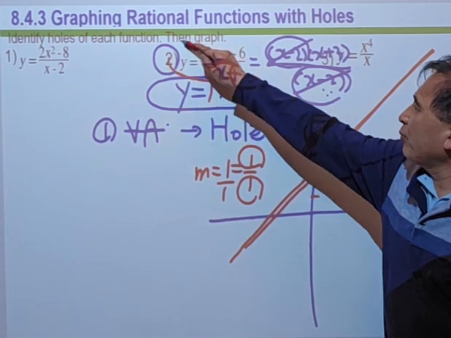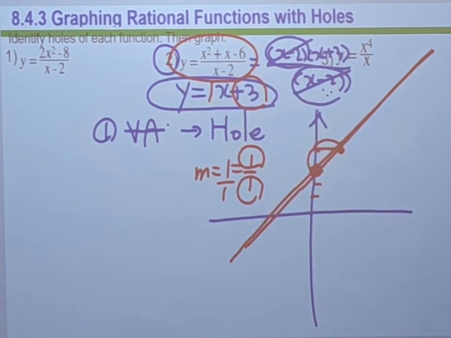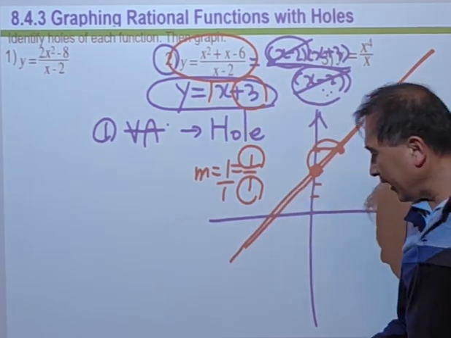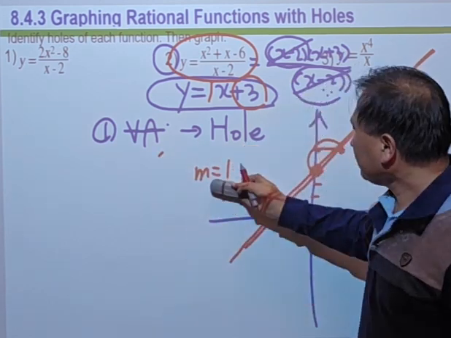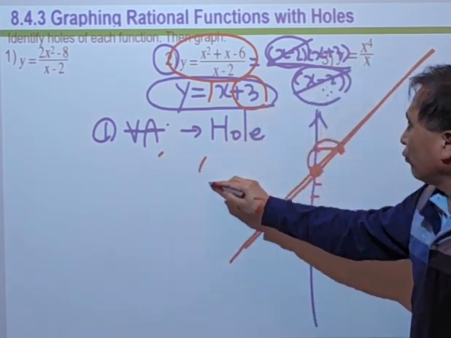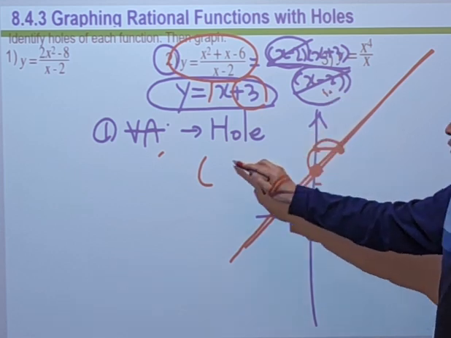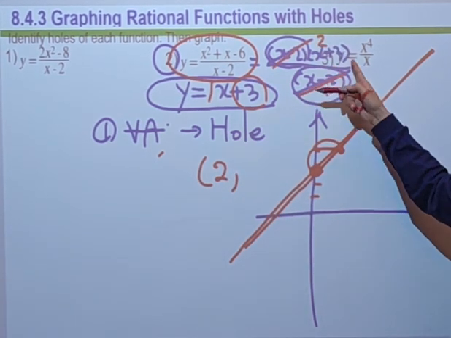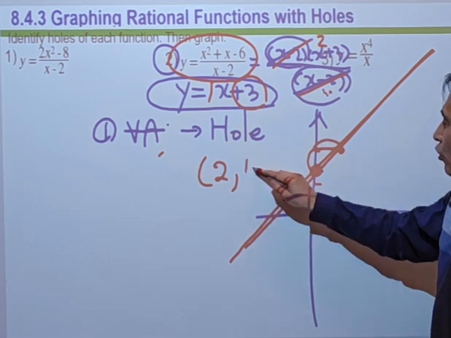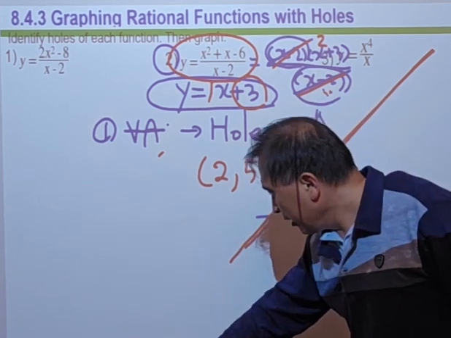But this is a little different, almost the same, but because this has a hole, you can find where the hole is. So x equals 2, so after you cancel out, you put 2 there, so 2 plus 3 becomes 5. So 2 comma 5 will be the hole there.